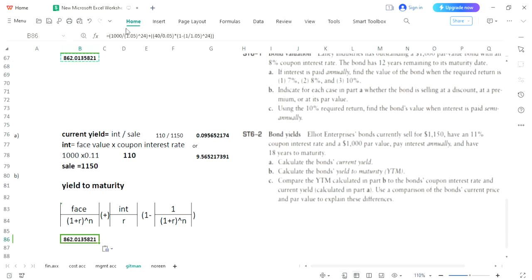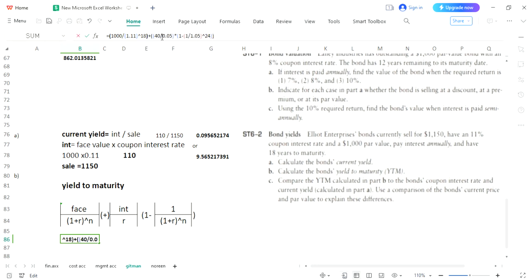Now here we will change our values. What we have now is interest. Face price is 1000 over here, that is the same, and then the rate is 11%, so I'm going to change it to 11%. Then the total number of years is 18, so put 18 over here.